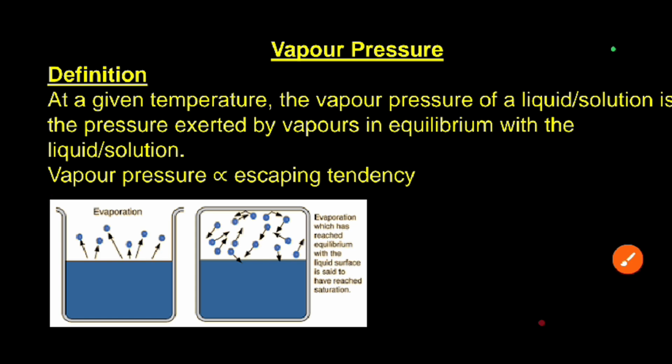So which one has more escaping tendency? Ethanol. Then which one will have more vapor pressure? Definitely ethanol. So if it has more tendency to escape, then it has more vapor pressure.